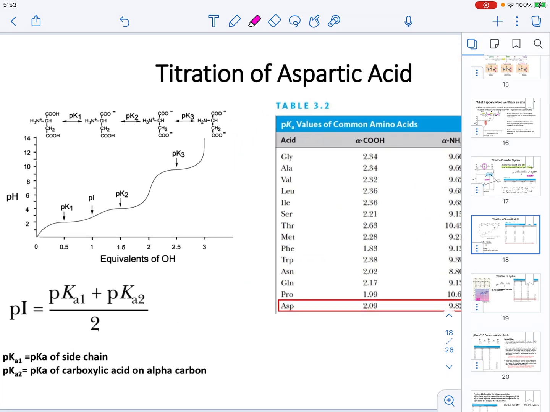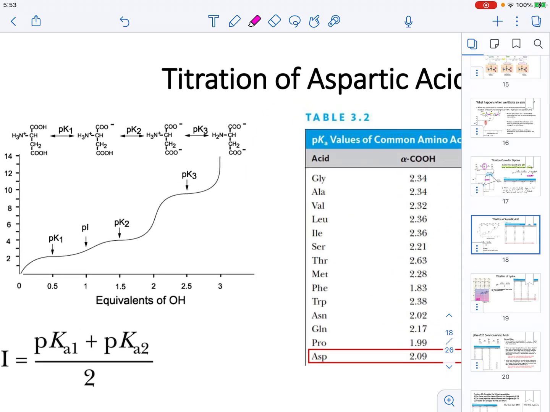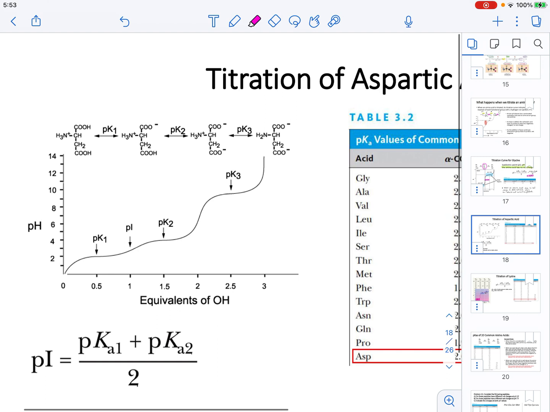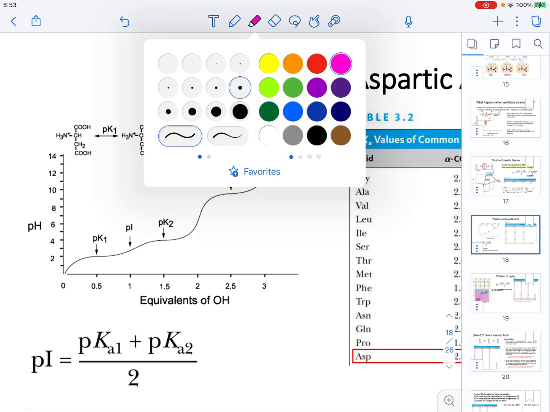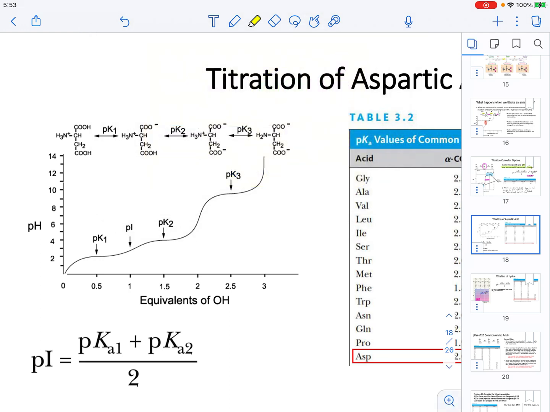I'm just going to zoom in so it's a little bit more clear, and I'm going to highlight the atoms that are important. So as the titration is taking place, as you can see, we start with the amino acid that has a carboxylic acid that is protonated. The amino group on the alpha carbon is protonated. The one in the side chain is protonated.